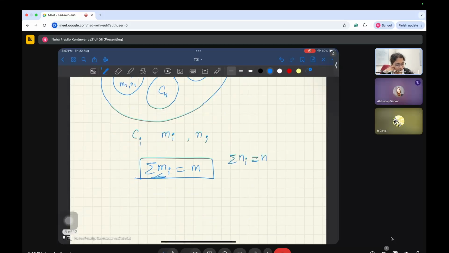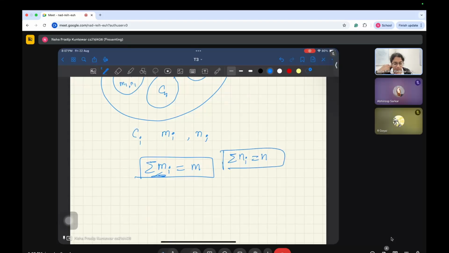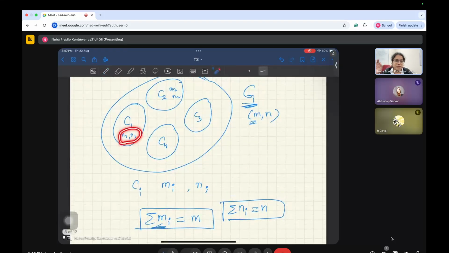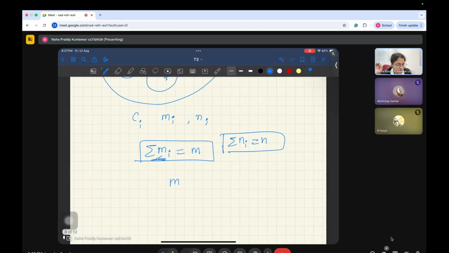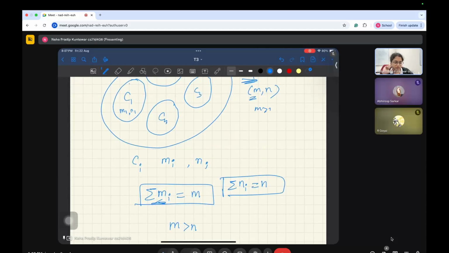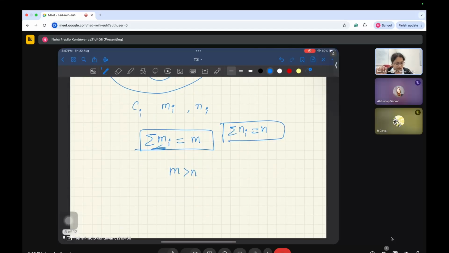Individually we don't know whether m1 is greater than n1 or m2 is greater than n2. We don't have any such guarantee. But what we know for sure is that m is greater than n. This is what the original graph satisfies. So there must exist a component such that the number of edges in that component is greater than the number of vertices in that component. Can you see this?